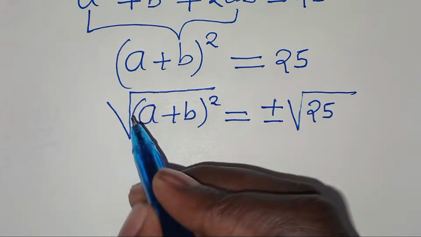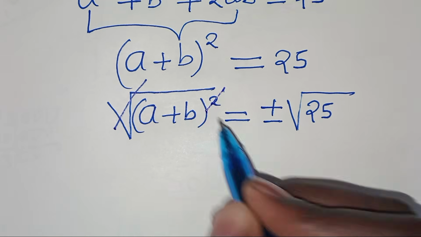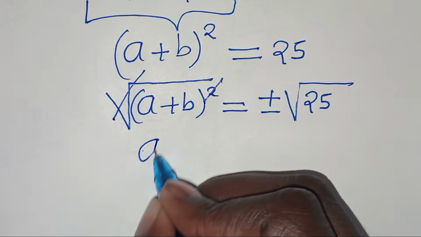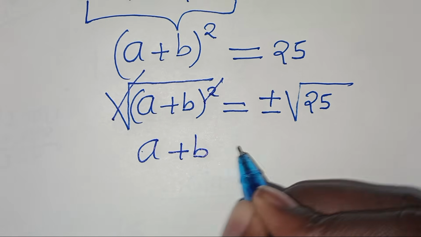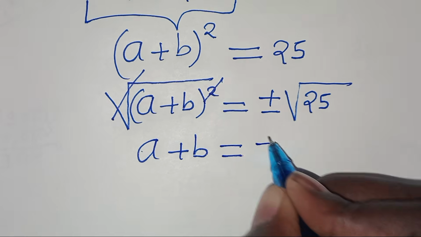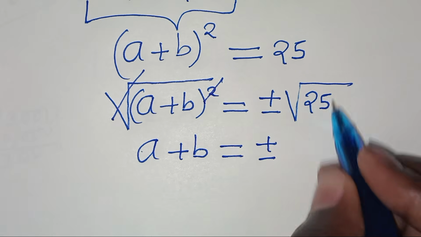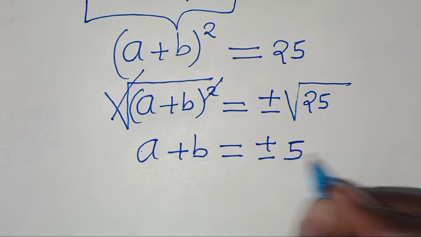Now let's eliminate the square root sign so that we have a plus b equal to plus or minus the square root of 25, which is 5.